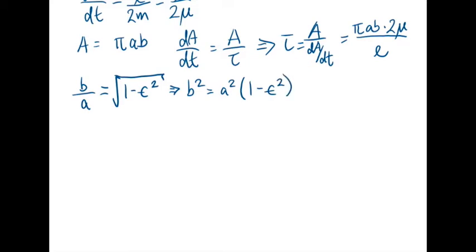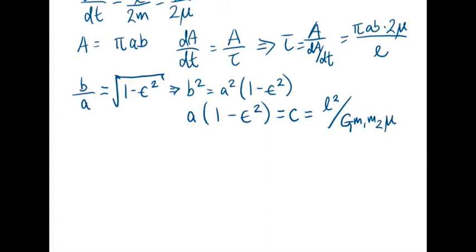Then by 8.52, we can also make the substitution a times 1 minus epsilon squared equals c, where c is a constant equal to the angular momentum squared over the force constant for the system, which in this case is G m1 m2, times the reduced mass.